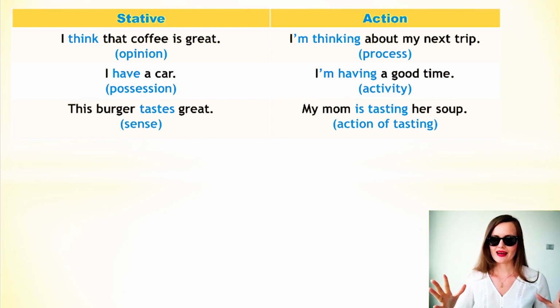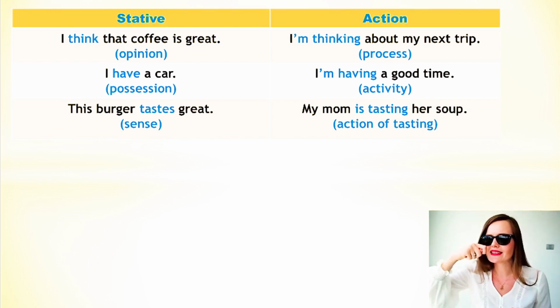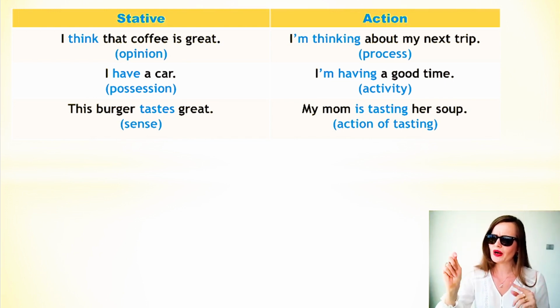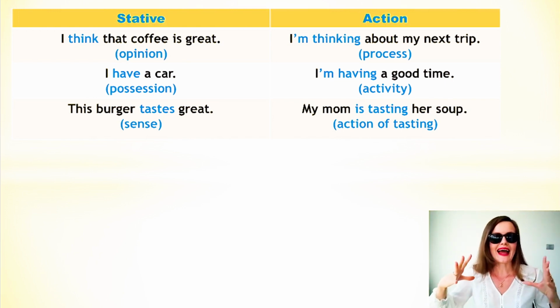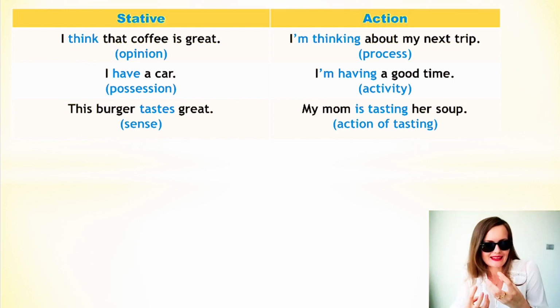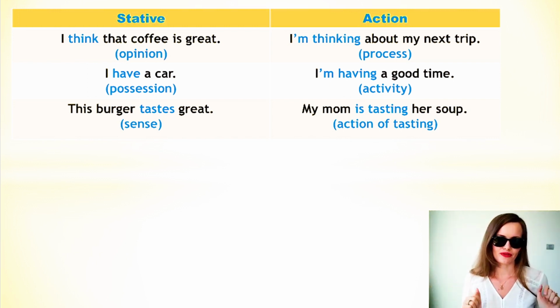When I say that, I can see my mom in the process of tasting her soup. She's cooking it and tasting it. And she says, oh, I feel like I need to add more salt to it, right? She's in the process of tasting. When we see the action of tasting, it's going to be an action verb.